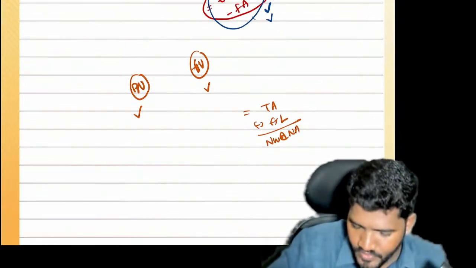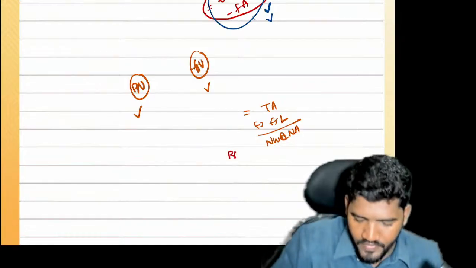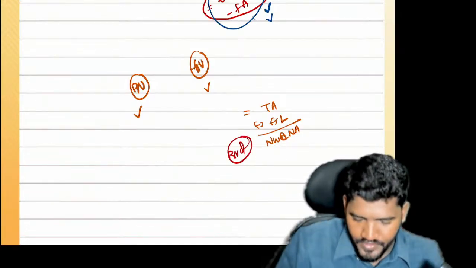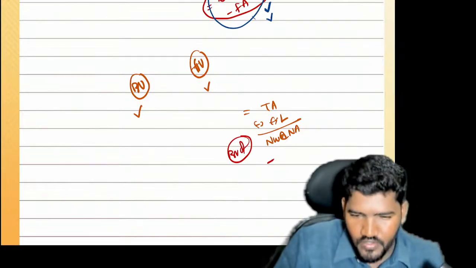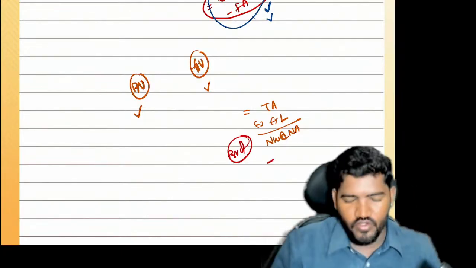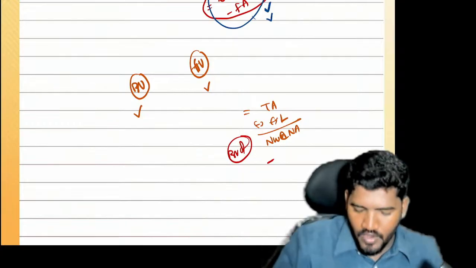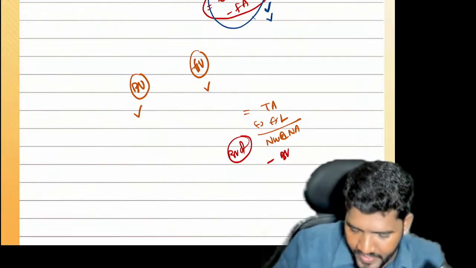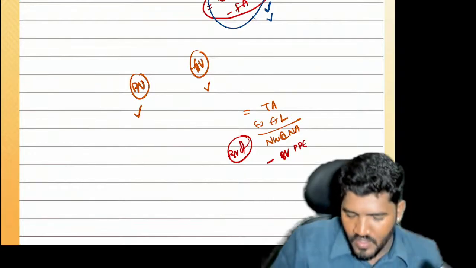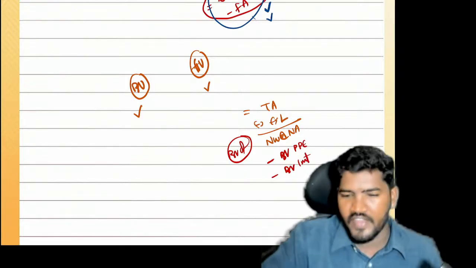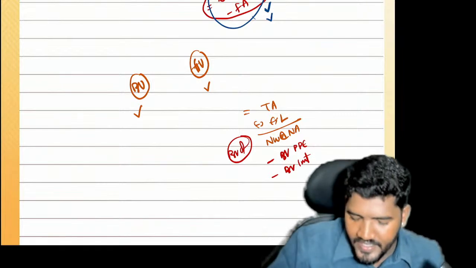This is called the book value of net assets. For this, you have to reduce the book values of the assets for which fair values are given in the adjustment. For example, book value of PPE, minus book value of investment. These have fair values, and they are already included in this now.